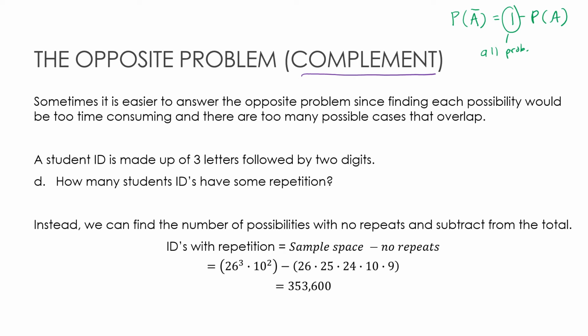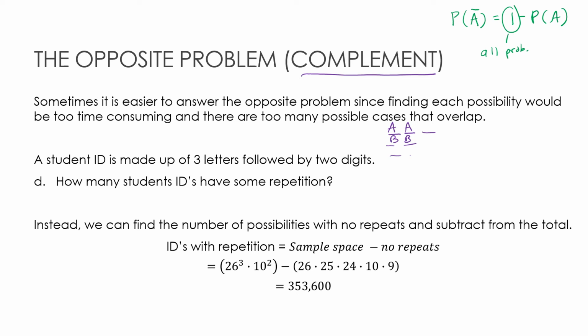So let's take that same concept and apply it, instead of to probabilities, to the number of options that can occur. Part D of the same question that we were just working on with student IDs says how many student IDs have some repetition, which means if I were going to do this without the complement that we haven't learned yet, I would have to find what happens if I had 2 A's here and some other number, and 2 B's and some other number, and 2 C's and some other number.